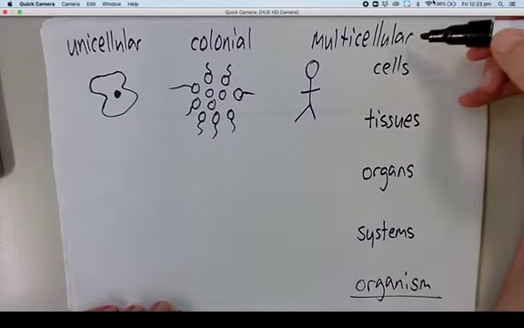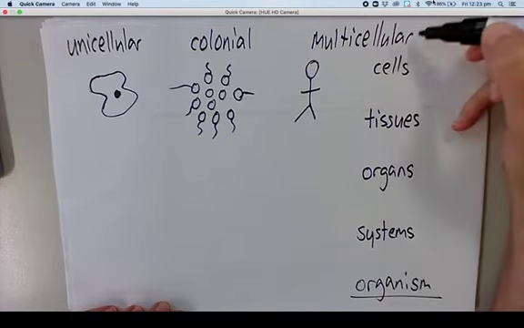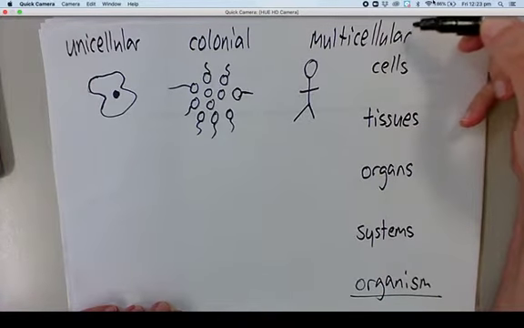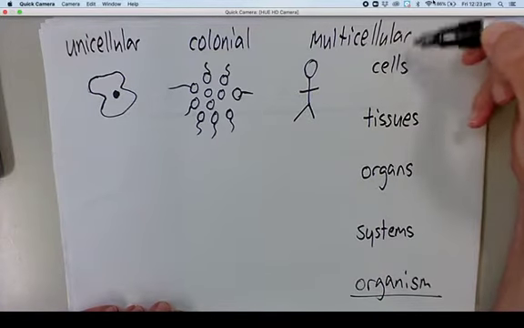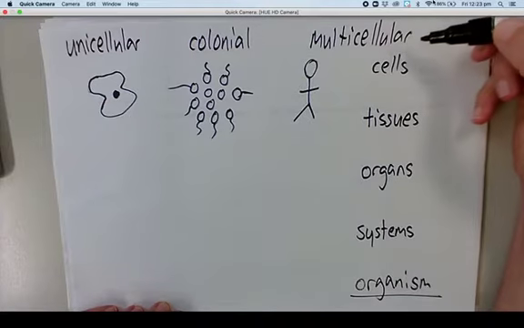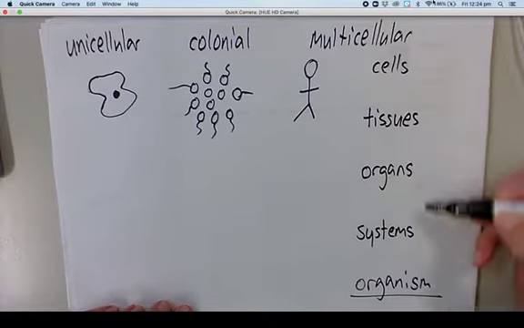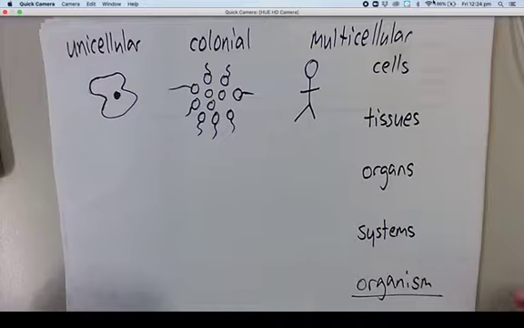There are lower levels of organisation. There's molecules and organelles and things like that that are down at a lower level than cells, and there's higher levels of organisation than the organism. So organisms can be grouped together into populations of a particular species, or they can be part of ecosystems. But for now, we're just looking at these levels of organisation.